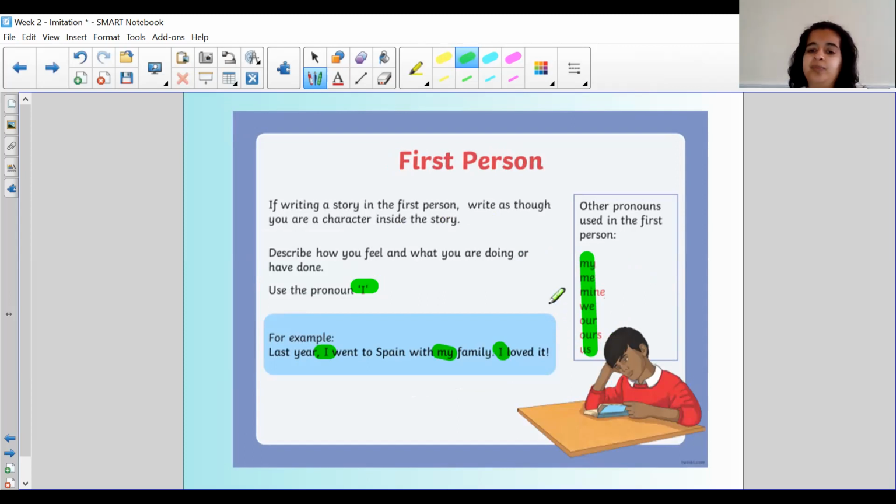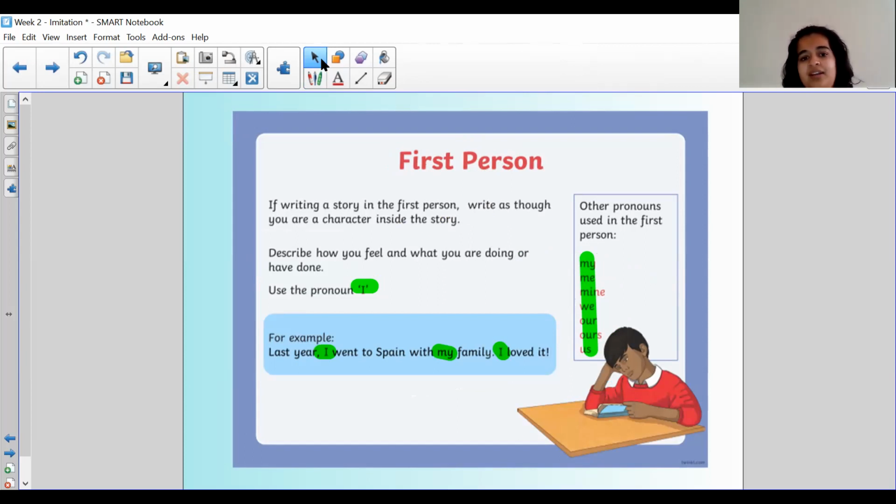Anything that includes you is a personal pronoun. So my, me, mine, we, our. Okay, it all includes myself. Okay, and that is what we call the first person. I know it can be a little bit confusing. So I'm talking about myself, but you also have to think about yourself. Okay, put yourself in the story.